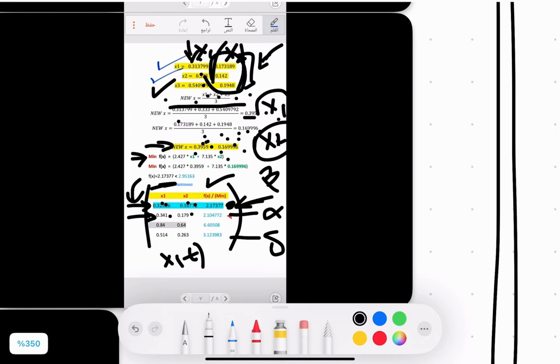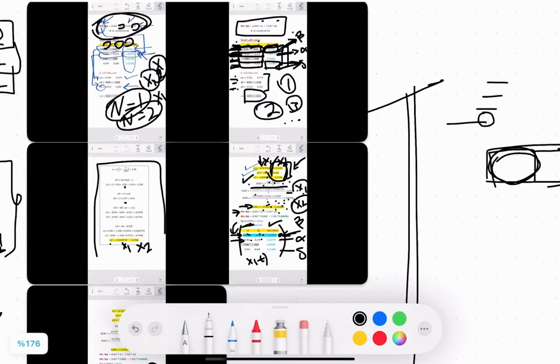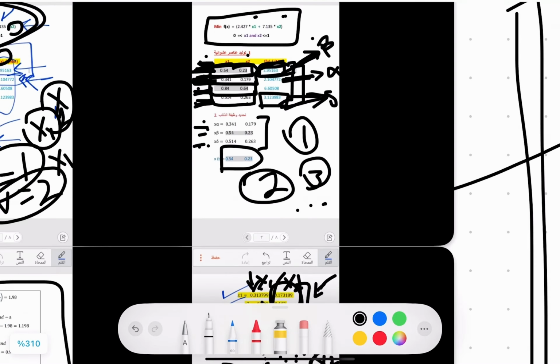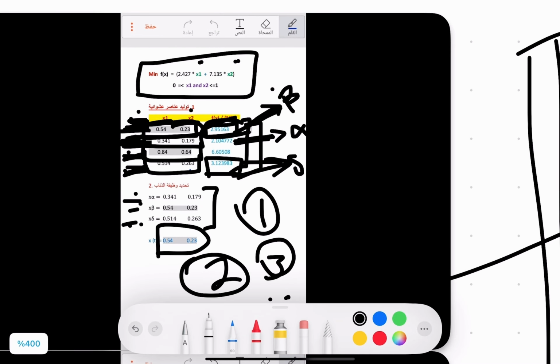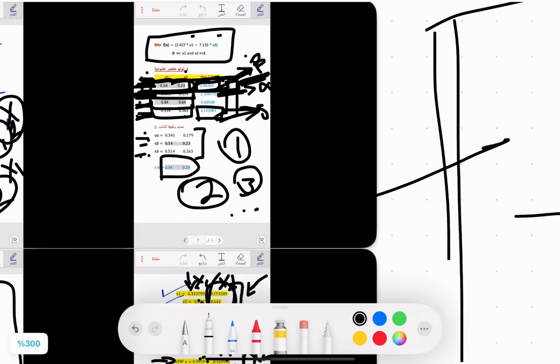And when we find this value here, we're going to compare this value with the x of t. What was our choice of x of t? X of t was this first solution up here. This was x of t here, 2.95163.